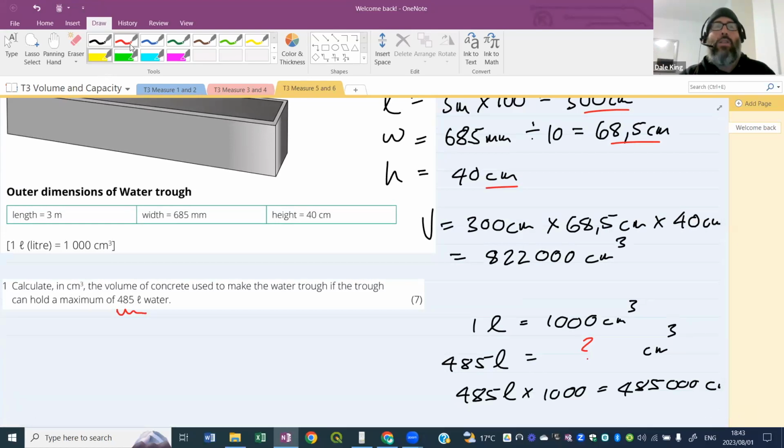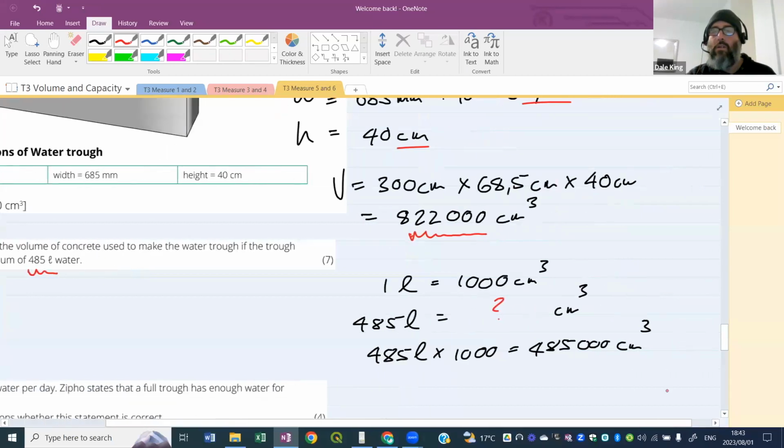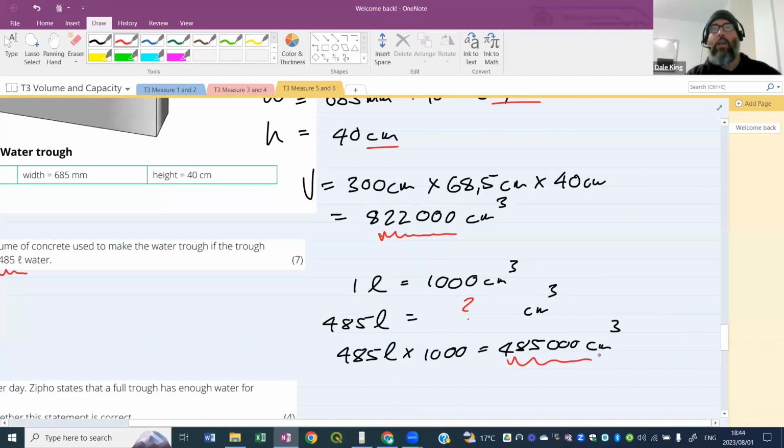So what we do is we take this value, which is 822,000, which is as if it was all filled with concrete. We subtract the 485,000, which is the part that's inside that is water. And it's going to give us 337,000. Yes, and that'll leave us with the outer boundary, which is just the concrete.